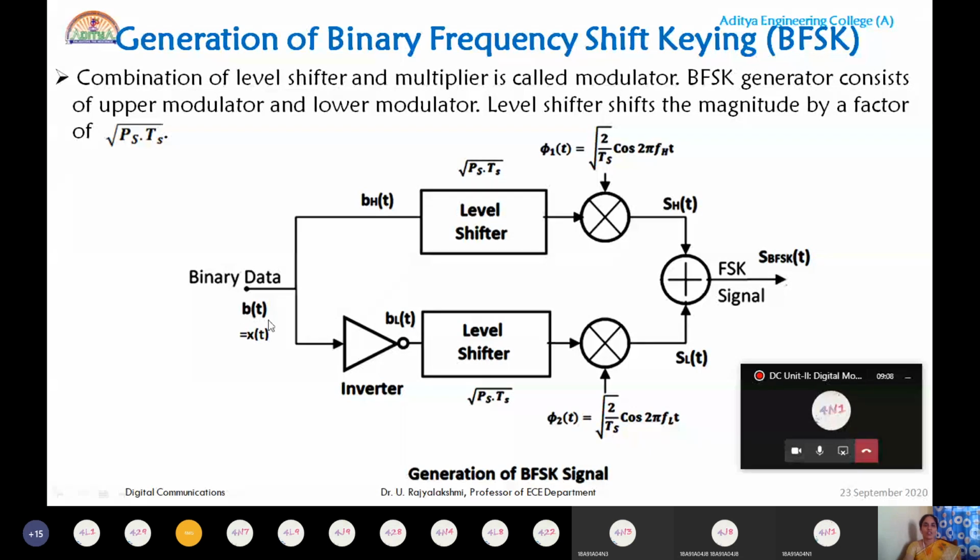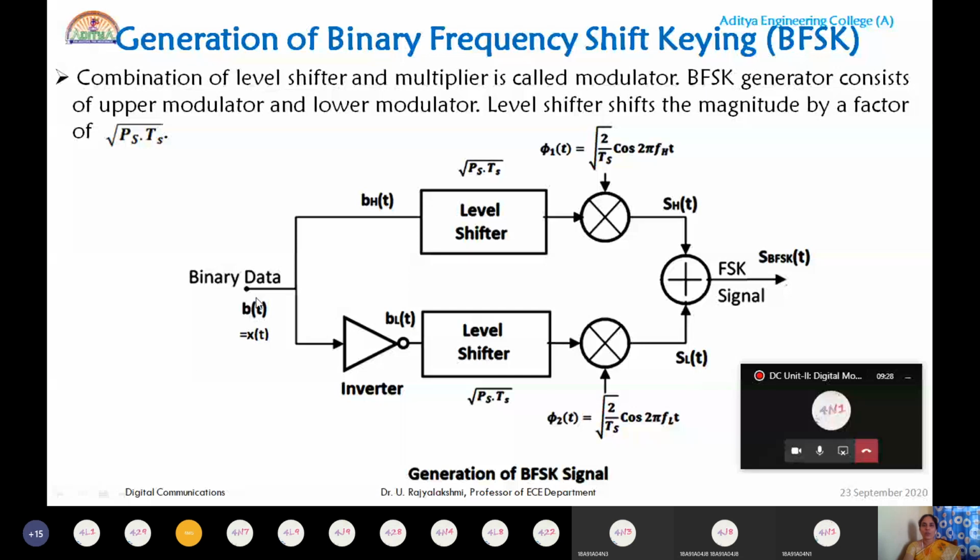Whenever the upcoming data bit is 1, bH of t will be 1, so you will get the product as sH of t. But at that time, when b of t is 1, bL of t will be 0. So 0 multiplied by any carrier gives sL of t as 0.